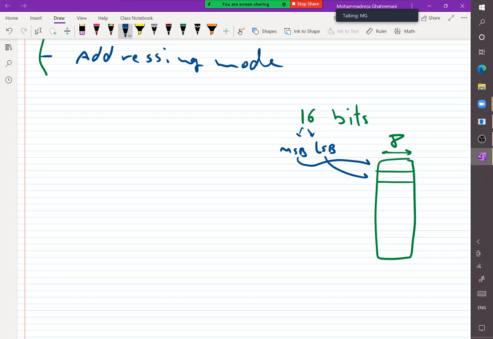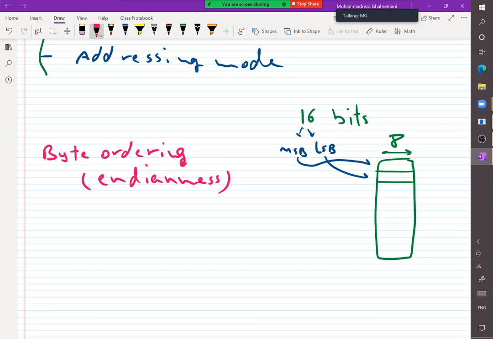So we should know what method we are using to store the data, and this byte ordering is called endianness. Okay, so byte ordering or endianness.